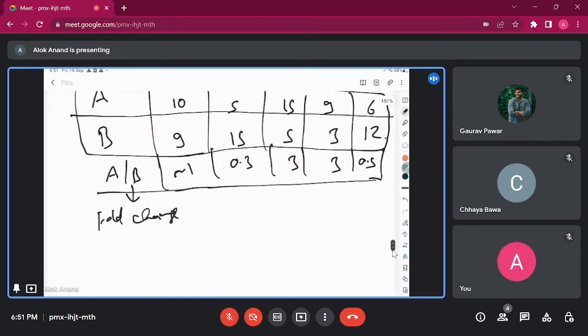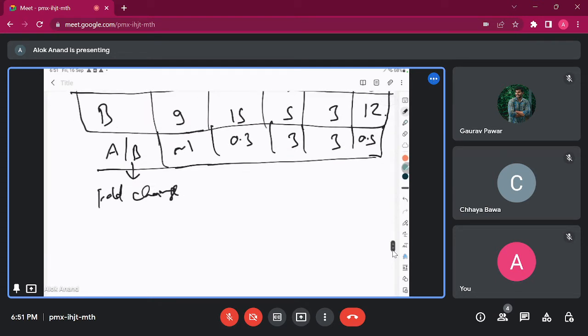Now this fold change, when it is approximately 1, then we say that there is no differential expression. It means it is being expressed at the same level in the 2 different conditions.